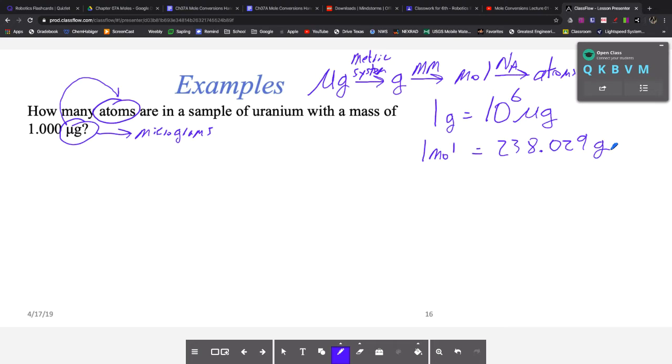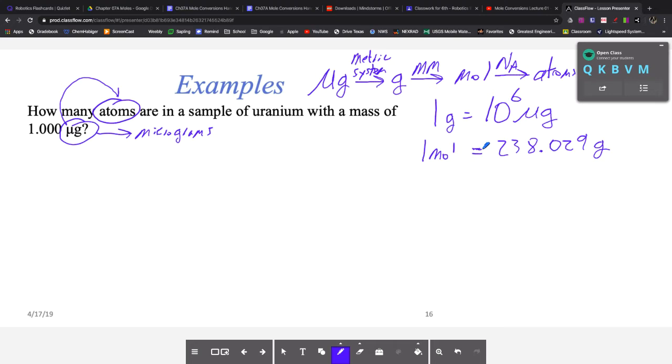So remember, it was grams per mole, but I went ahead and just wrote it as a conversion factor. 1 mole is this many grams, because that's the definition of molar mass. It's that many grams in 1 mole. So that allows us to change it to moles.